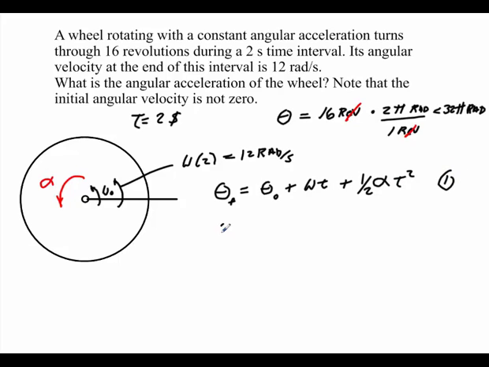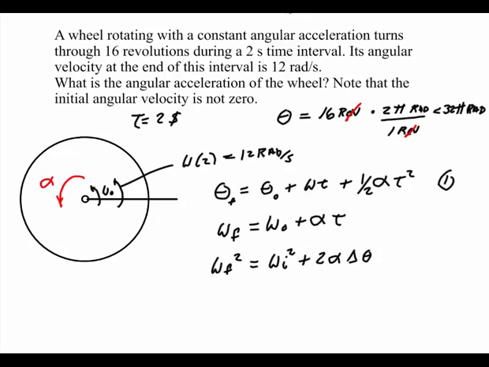Our second equation that we may have to use: our angular velocity final is equal to our angular velocity initial plus our angular acceleration times t. And our last one is final angular velocity squared is equal to initial velocity squared, these are both squared, plus 2 times our angular acceleration times the change in our angular position.